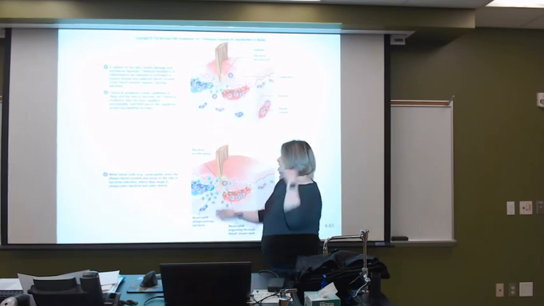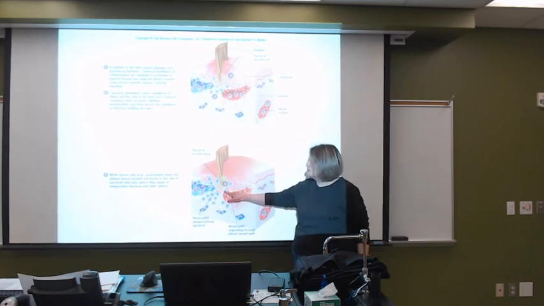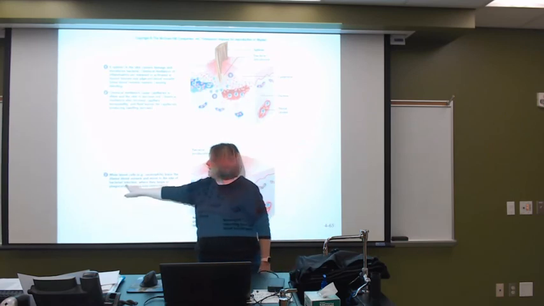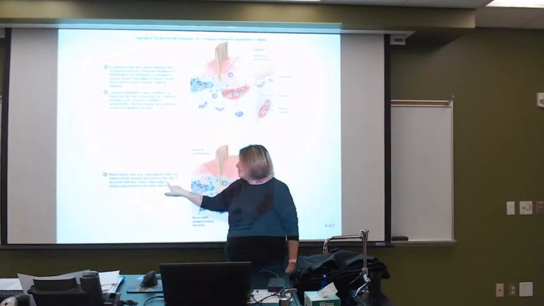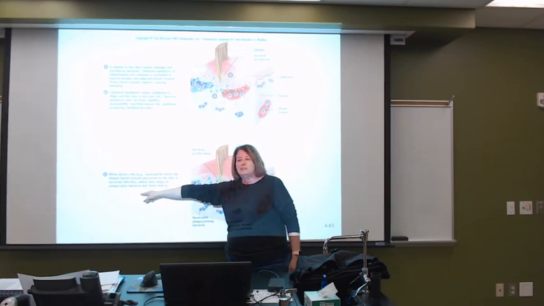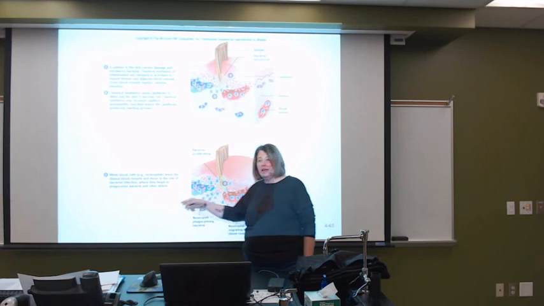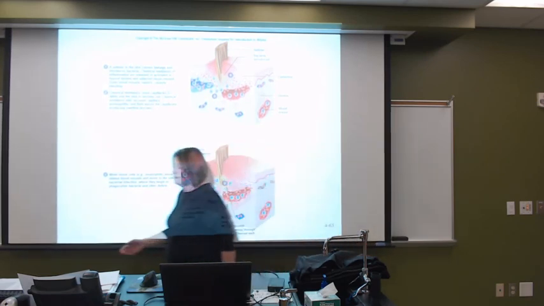So, white blood cells move out of the capillaries. They're going to go to the place where the bacteria are trying to get in. They begin to eat, phagocytize those bacteria, and then any other debris that might be present.